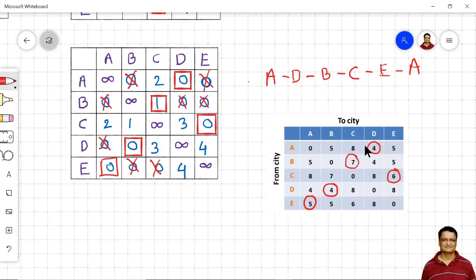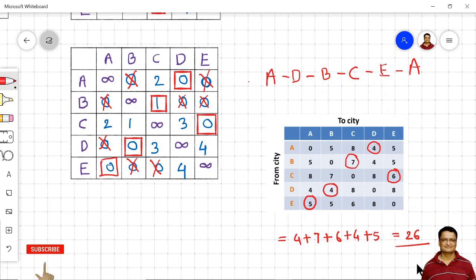So I have marked all the allocations from this table to this original table, and the total distance will be given by 4 plus 7 plus 6 plus 4 plus 5 is equal to 26. Now, if you remember, initially when we selected the path as A, B, C, D, E, A, we got the distance of 33, and this distance is quite small compared to the one we got earlier.